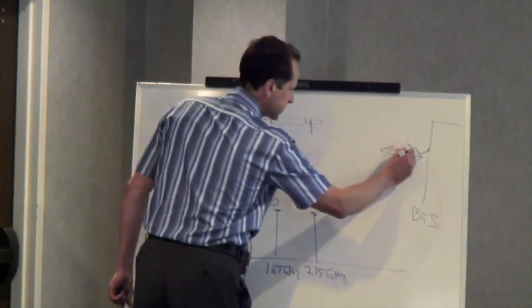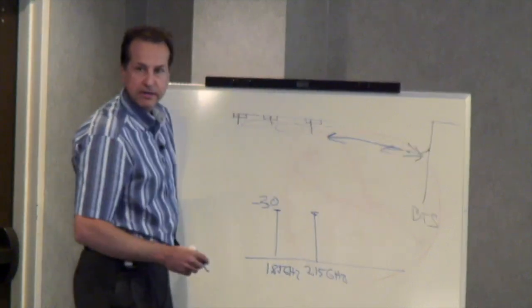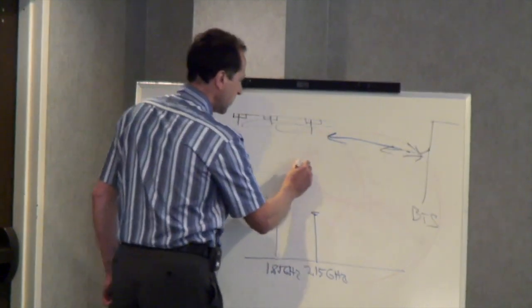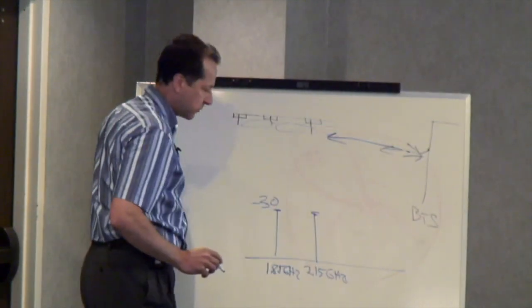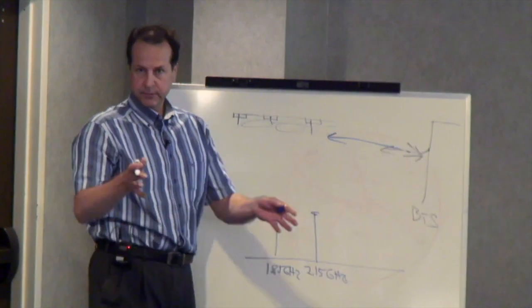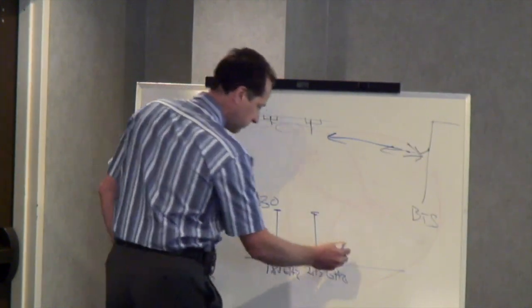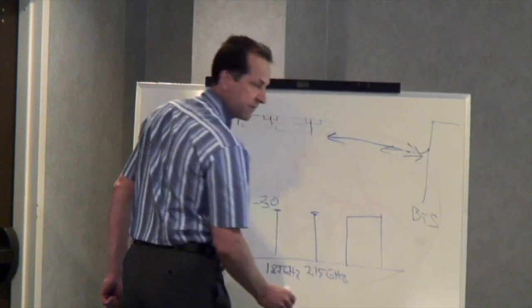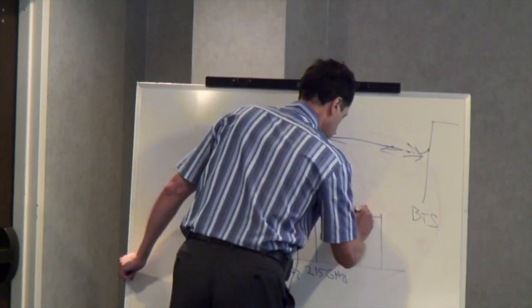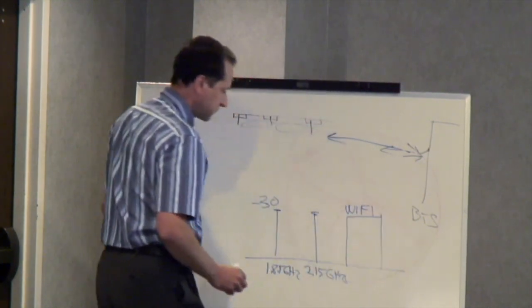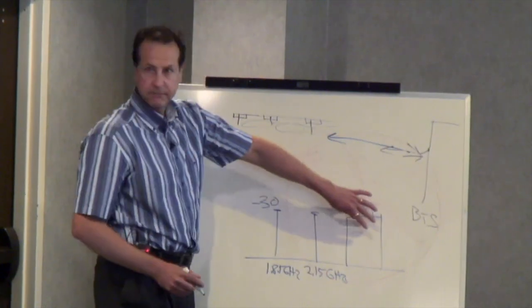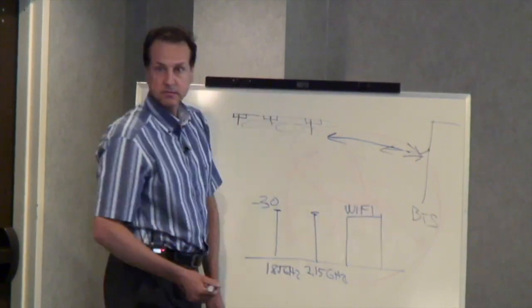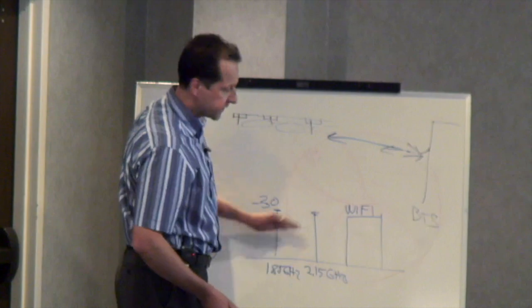So these signals hit the receiver of wireless LAN. And wireless LANs do not have filters. So this is our Wi-Fi band here. These signals hit the receiver as the wireless LAN signals also enter there.